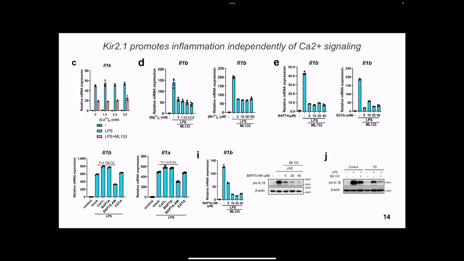And when we depleted intracellular calcium stores using thapsigargin, ML133 showed a similar inhibitory efficiency on IL-1 beta production in the presence or absence of thapsigargin. So this data suggests a separate mechanism of KIR2.1 independent of intracellular calcium.